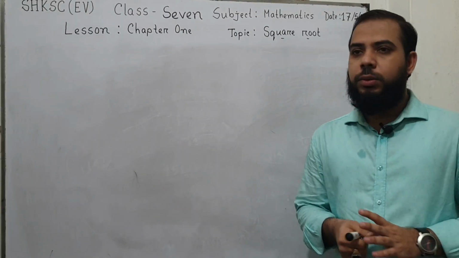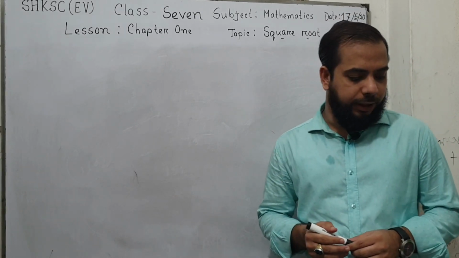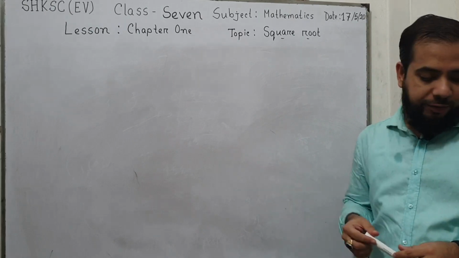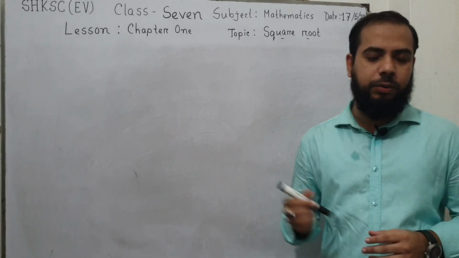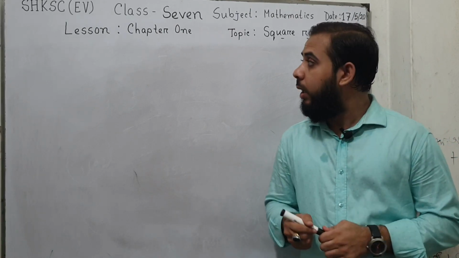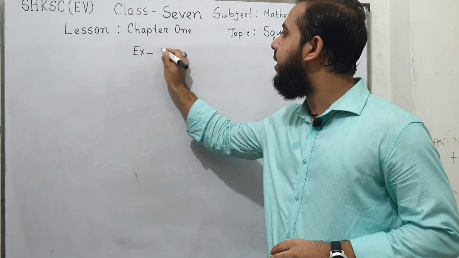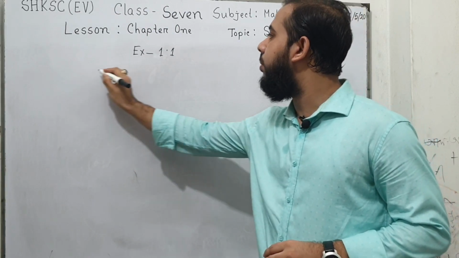All right, now let's move on to the next part of the lecture, the application of this prime factorization method. We will do some word problems or some problems from this chapter. Now look in your textbook, exercise 1.1, question number 3.